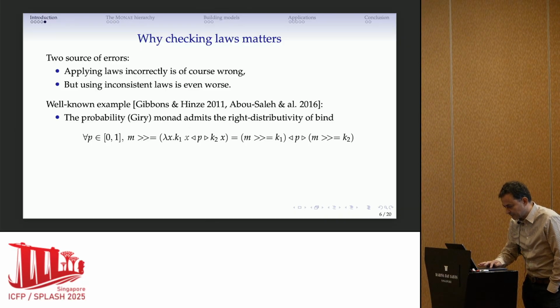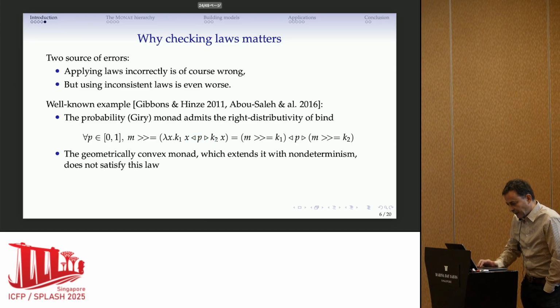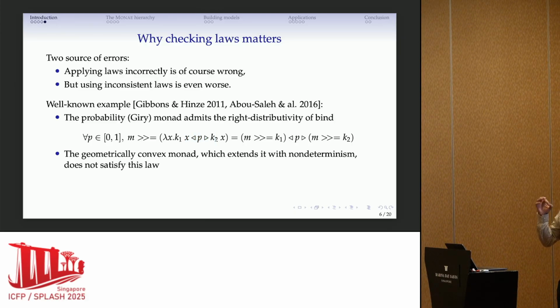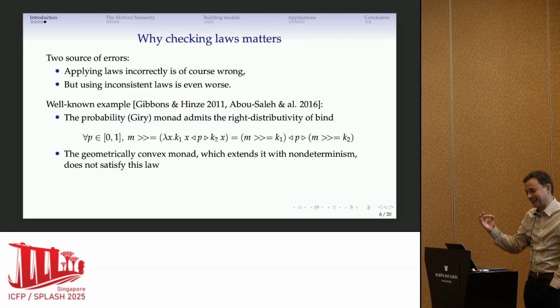This is actually a probability between the two possibilities. And the geometry convex monad, which extends the probability monad with nondeterminism, which itself is well defined. But that monad does not satisfy this.